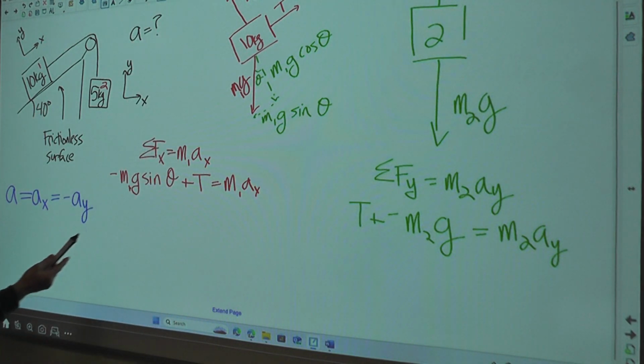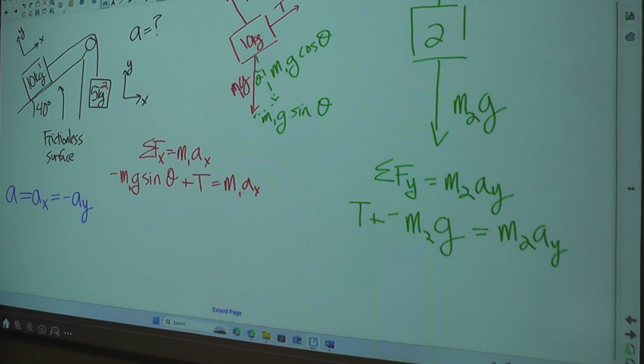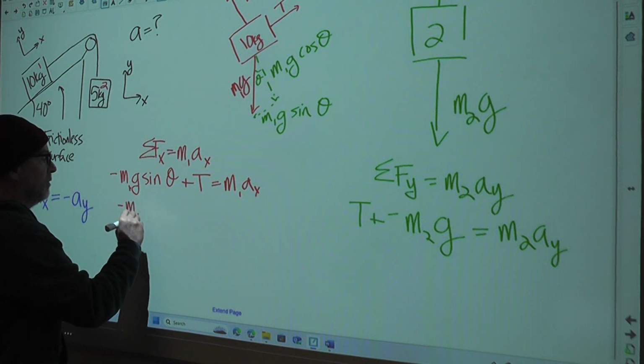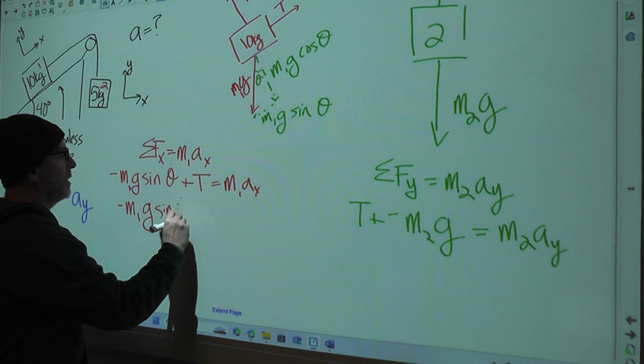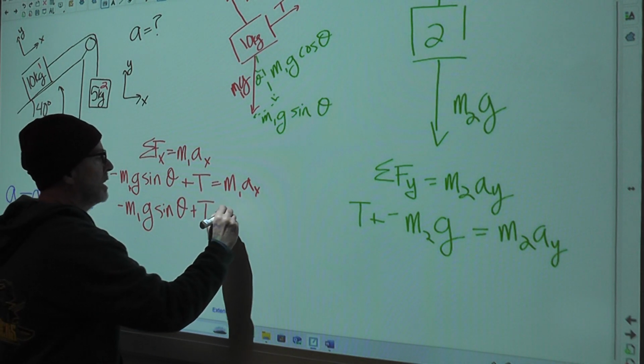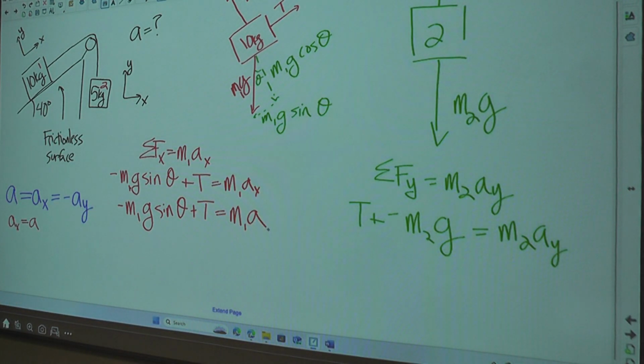If I just look at this first object, then I can substitute A everywhere I see AX. So that means negative m1 g sine theta plus the tension is equal to m1 times the overall acceleration of our system.